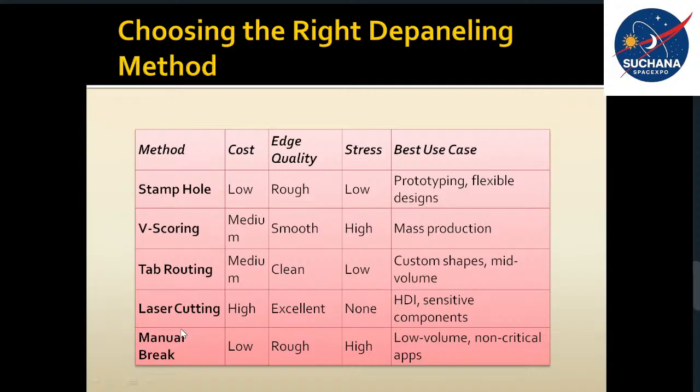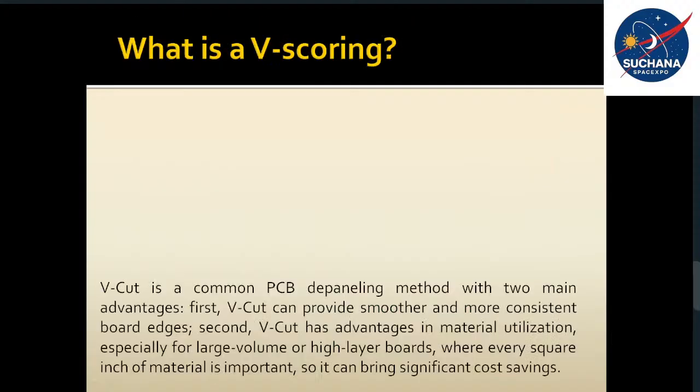I hope you know about laser cutting, right? With the help of a laser we can also separate these panels of PCBs. So there are manual break, laser cutting, tab routing, V scoring and stamp hole. We will discuss these methods in detail in separate PPTs in the upcoming sessions.